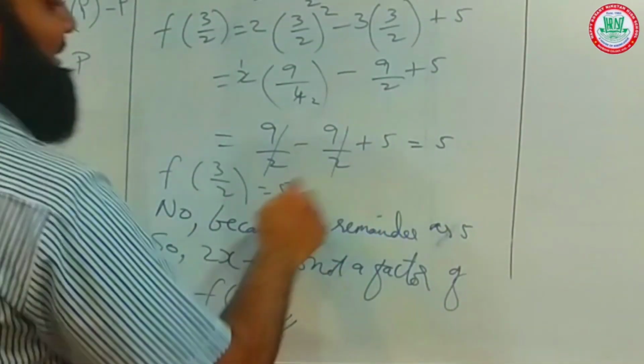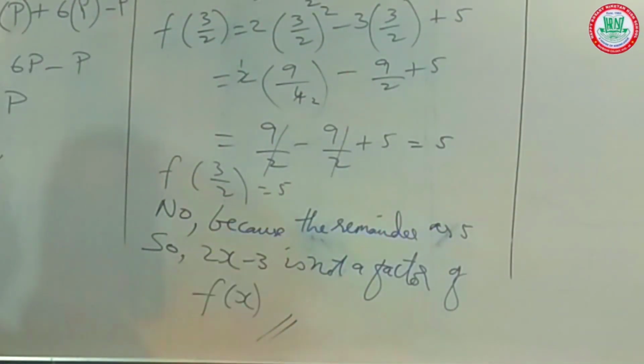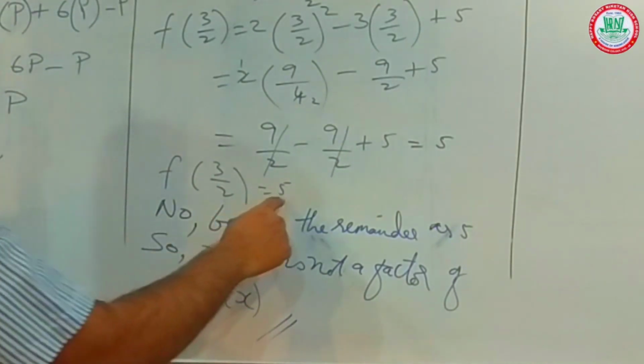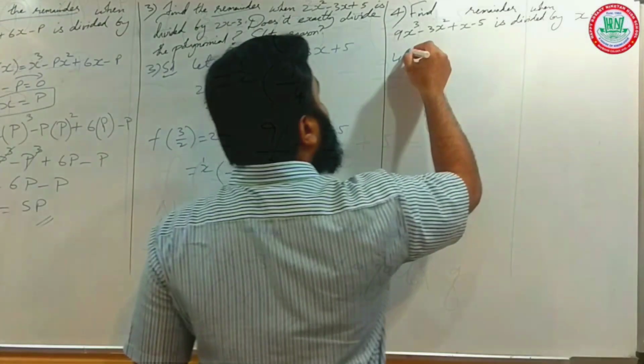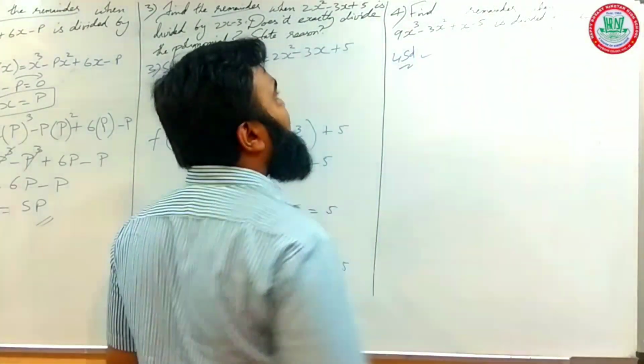We are not getting the answer as 0, so that's why it is not a factor. If we get the remainder as 0, then it is a factor.